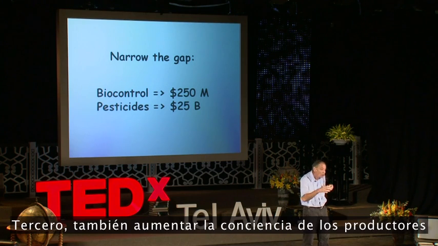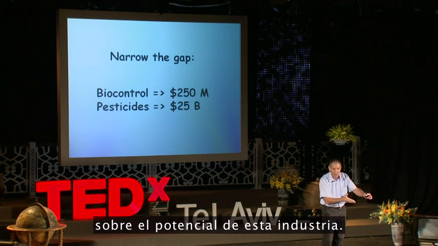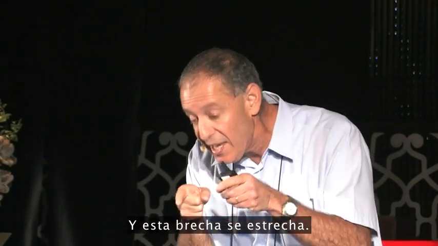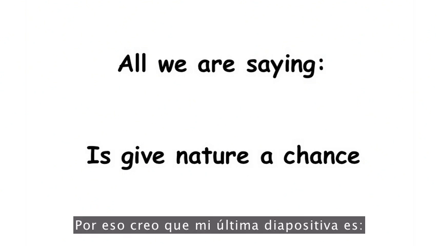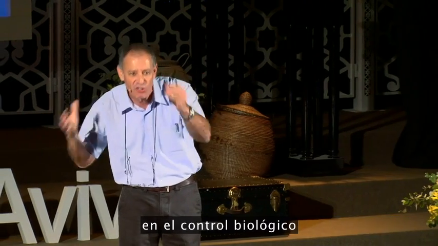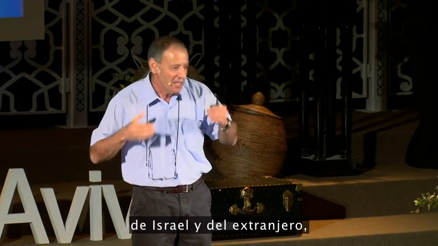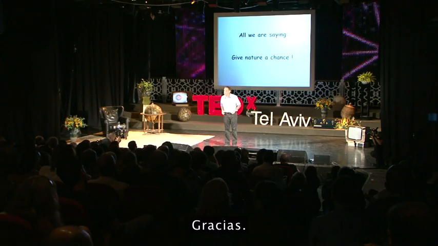And thirdly, also to increase awareness among the growers of the potential of this industry. And this gap really narrows, step by step, it does narrow. So I think my last slide says it all: give nature a chance. I'm saying it on behalf of all the biocontrol practitioners and implementers in Israel and abroad. Really, give nature a chance. Thank you.